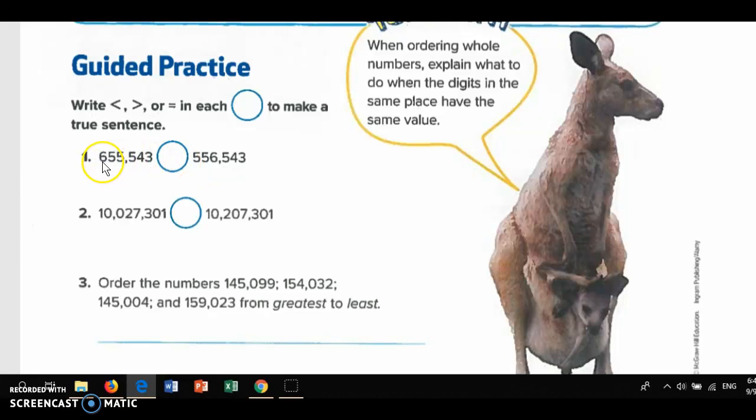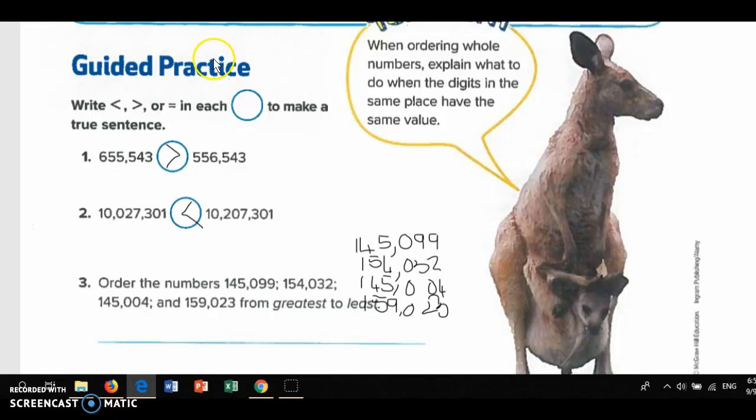Again, you have to look: 6 and a 5, so this one will be bigger. 10 and a 10, 0 and a 2, so this one will be bigger. With this one, you have to write everything underneath each other. So if you write everything underneath each other, then you can have a look. There is 1, 1, 1, 1. 4, 5, 4, 5. So we are going to look at 5. Next one, 4, and after this 5 and 9. So this one is the highest.